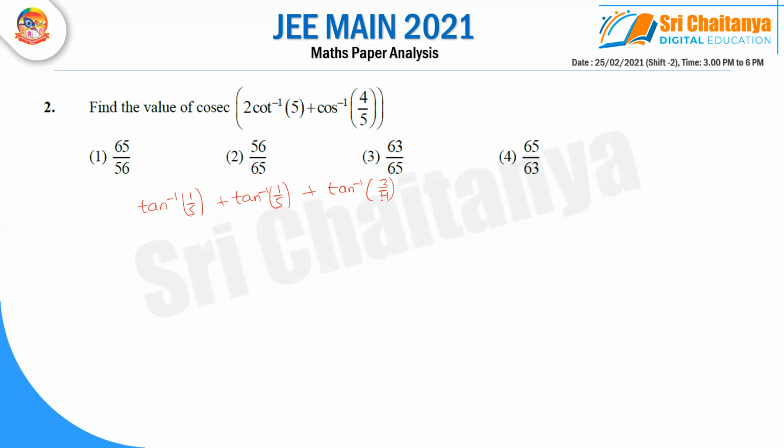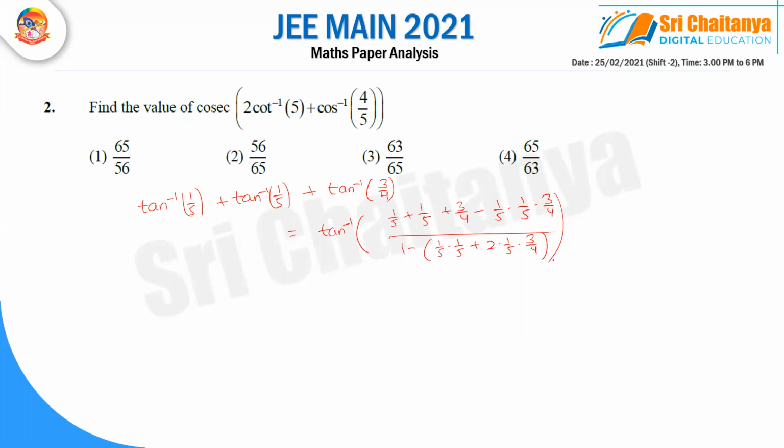So it is a formula of tan inverse of x plus tan inverse of y plus tan inverse of z, which is nothing but tan inverse of (x plus y plus z minus xyz) divided by (1 minus xy minus yz minus zx). So if you do this properly, you will be getting 1 by 5 plus 1 by 5 plus 3 by 4 minus 1 by 5 into 1 by 5 into 3 by 4, divided by 1 minus 1 by 5 into 1 by 5 plus 2 times 1 by 5 into 3 by 4.